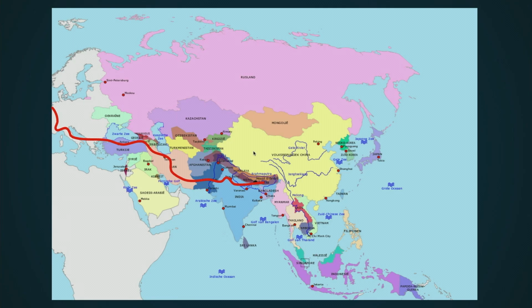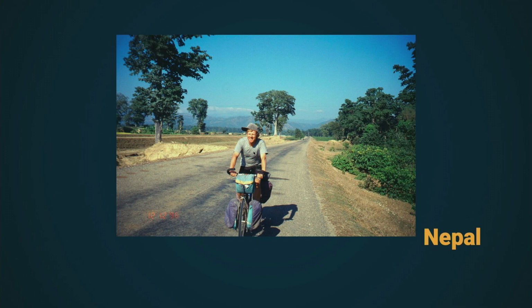So here I cycled 25 years ago from the Netherlands to Nepal and Tibet, and there I bought this hat. Here I'm cycling, quite younger, in Nepal, and we were cycling with a guy from Australia, from Brisbane, and a friend from England.